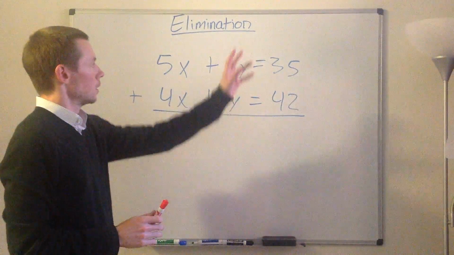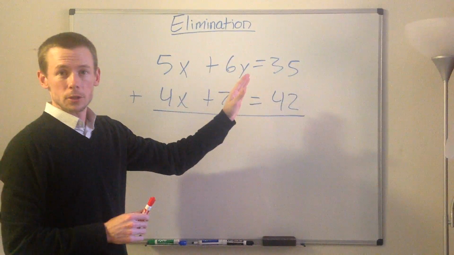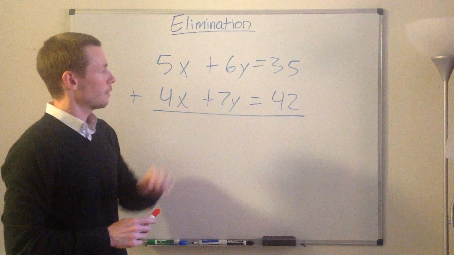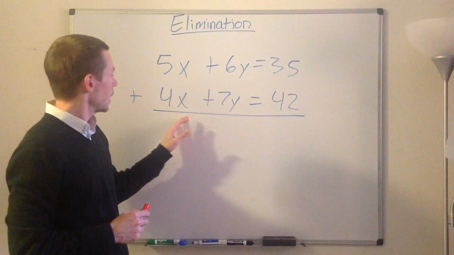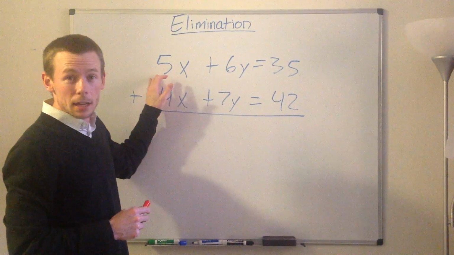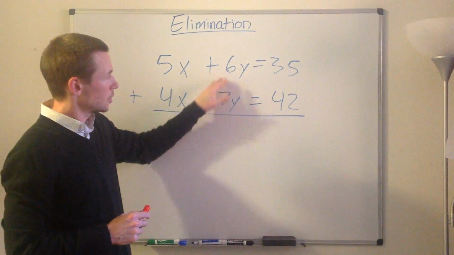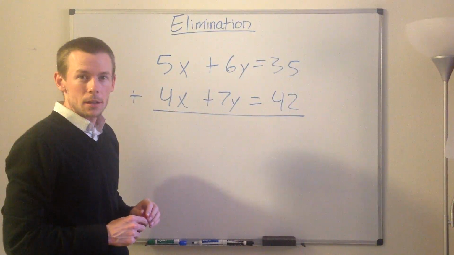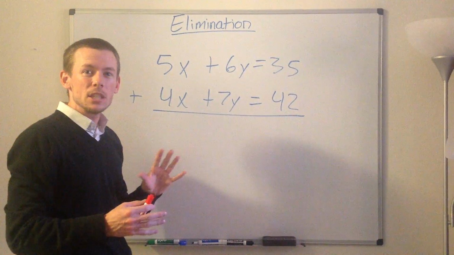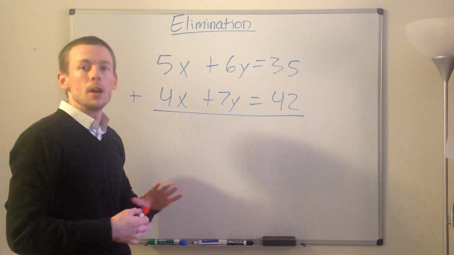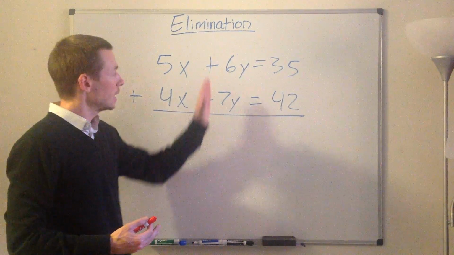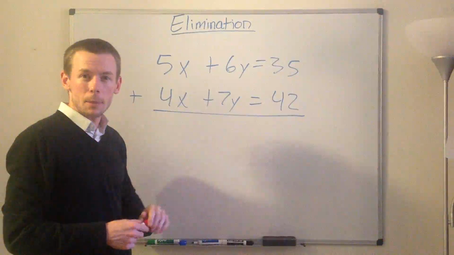Okay, 5x plus 6y equals 35, 4x plus 7y equals 42. The problem right now is that 4 does not go into 5, and 6 does not go into 7, so we don't have an easy way that we can just multiply one of the equations by a particular number and get one of the variables to line up and eliminate.